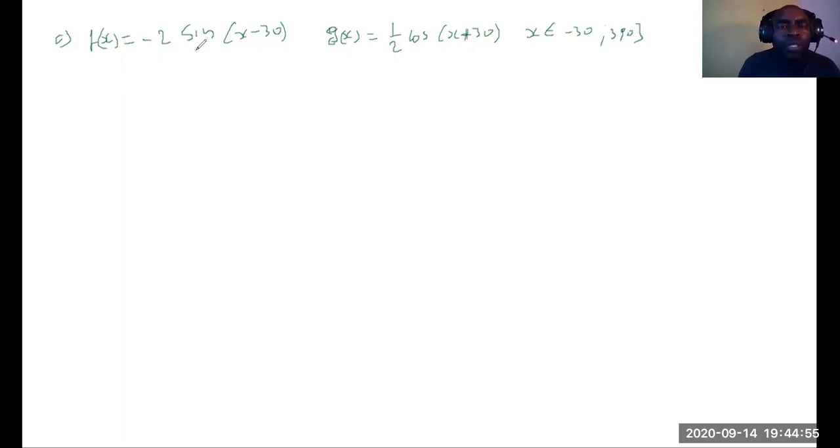If I do manually, I see my period has not changed, which means I'm still moving in steps of 90 degrees. So I can have my x, and then I will have my f, and I have my g. So here, let me have both before modification and with modification.